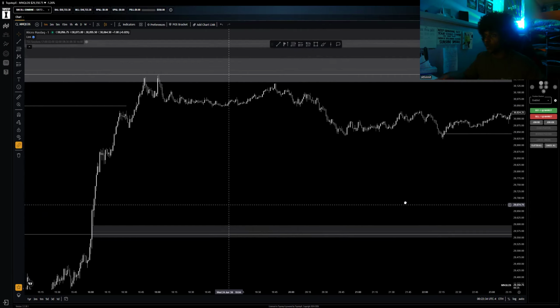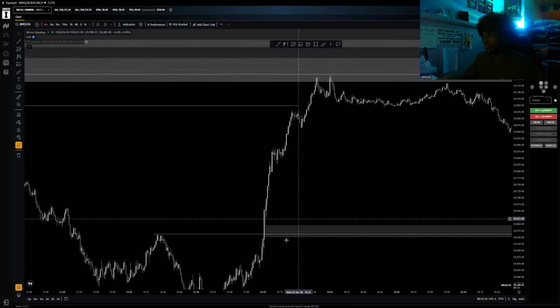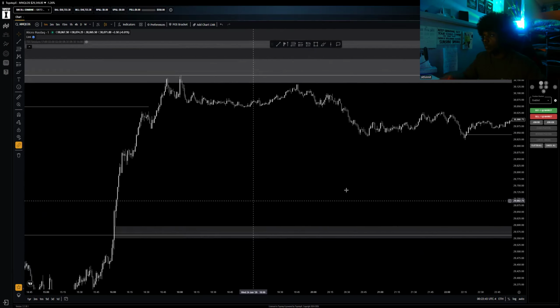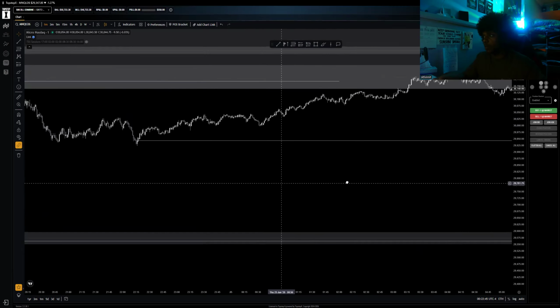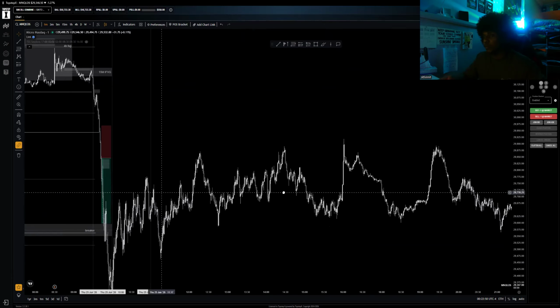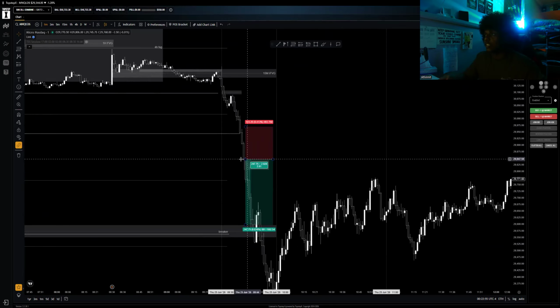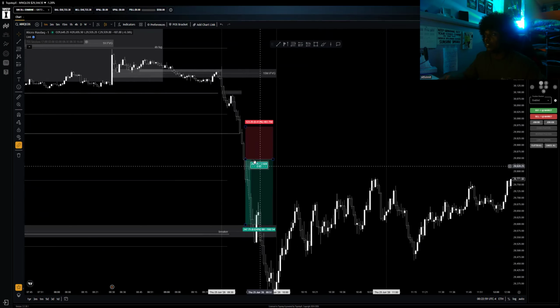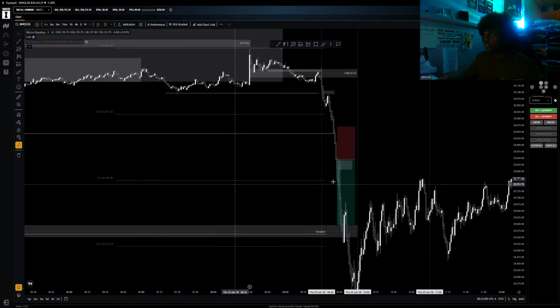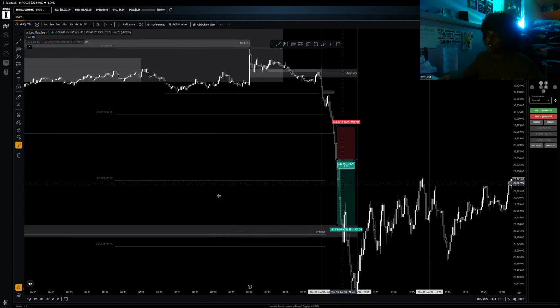If you zoom out a little bit more, this parallel gap seems more and more convincing, and it's clean. So I marked that out, and also the breaker block. I was not actually targeting breakers or fair value gaps. I just had my first entry right here and waited for the 50% retest and then break even in the trade.